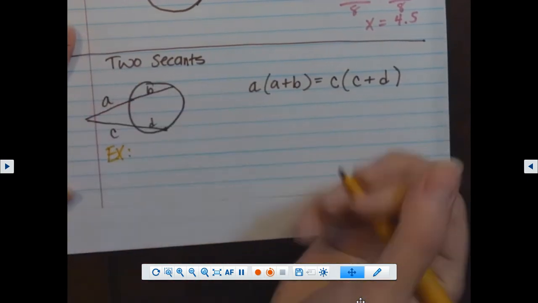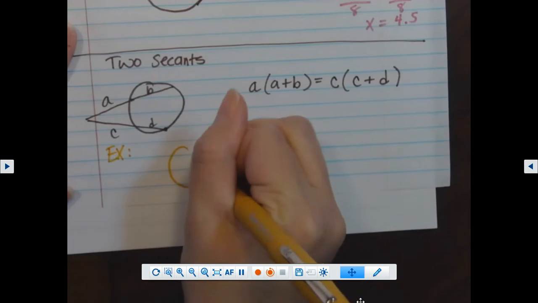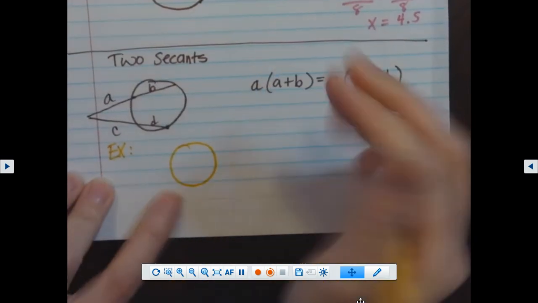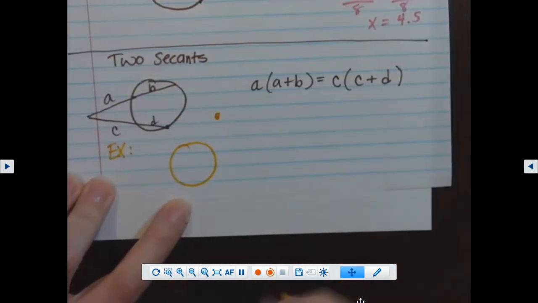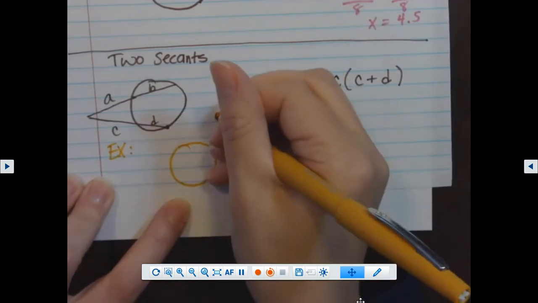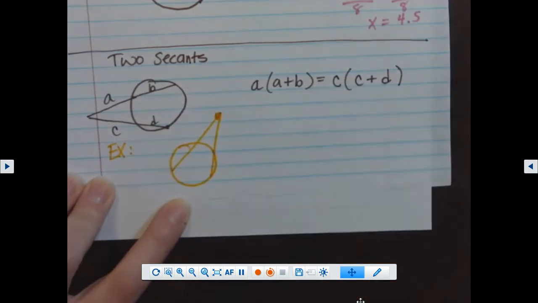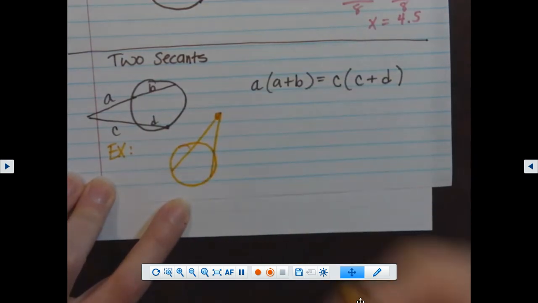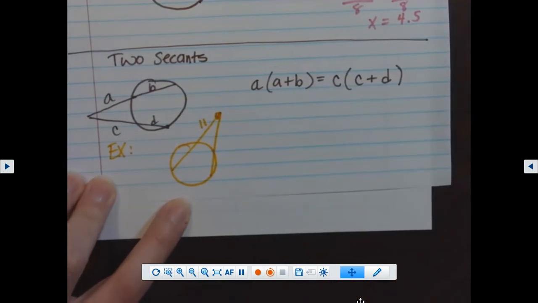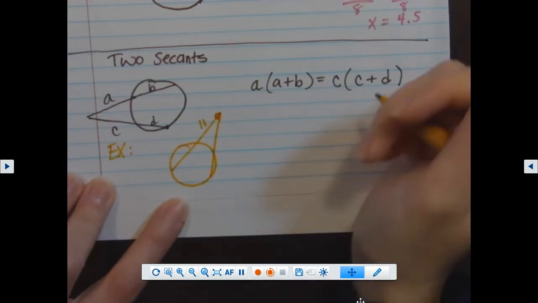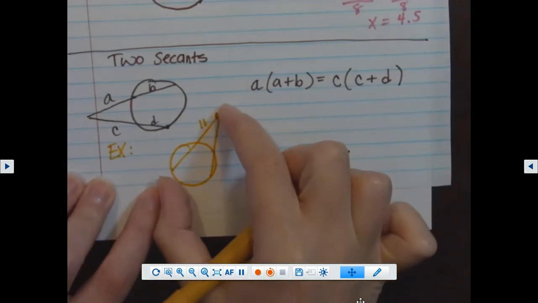For the example, it's going to be the same type of problem. I'm going to make my point right up here, and connect it to two parts of the circle. Outside on the left, secant is 11.